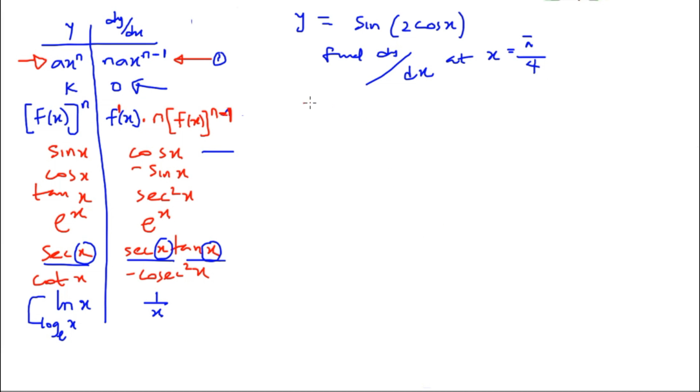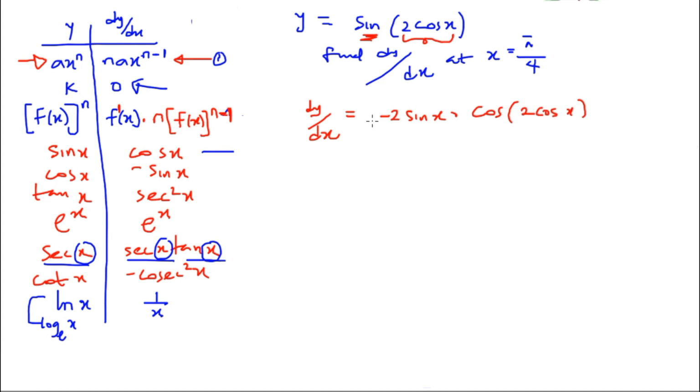We need to first find the dy dx. The dy dx will be equal to the derivative of this. That will be minus 2 sine x dot, I will differentiate sine, that will give me cos. Then I need to open the bracket and refill it with what I have originally.